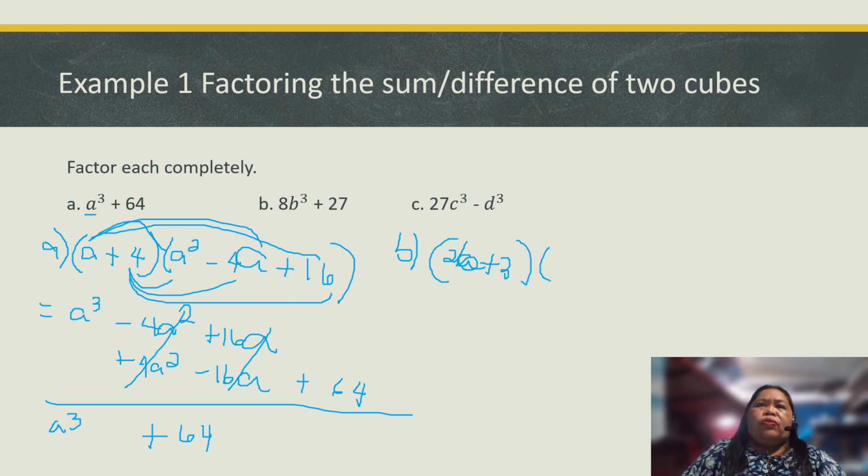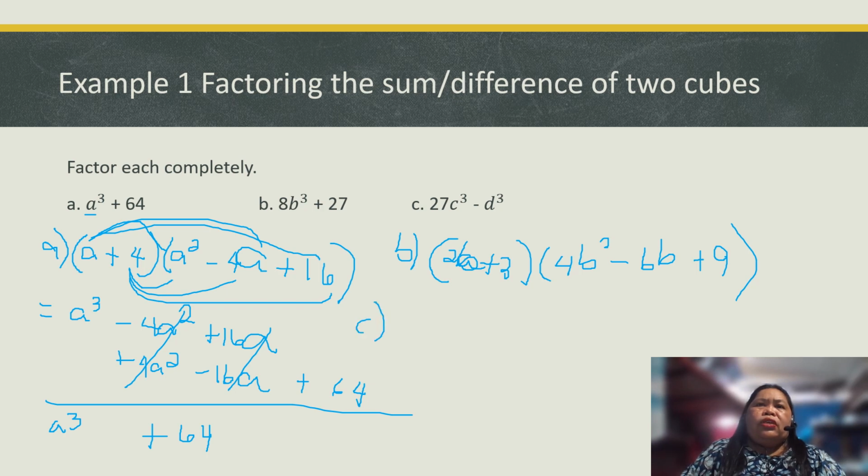Then we square this: 2b times 2b is 4b squared, minus 3 times 2b is 6b, just copy the b, plus square the 3, which is 3 times 3 equals 9. That is the correct answer.